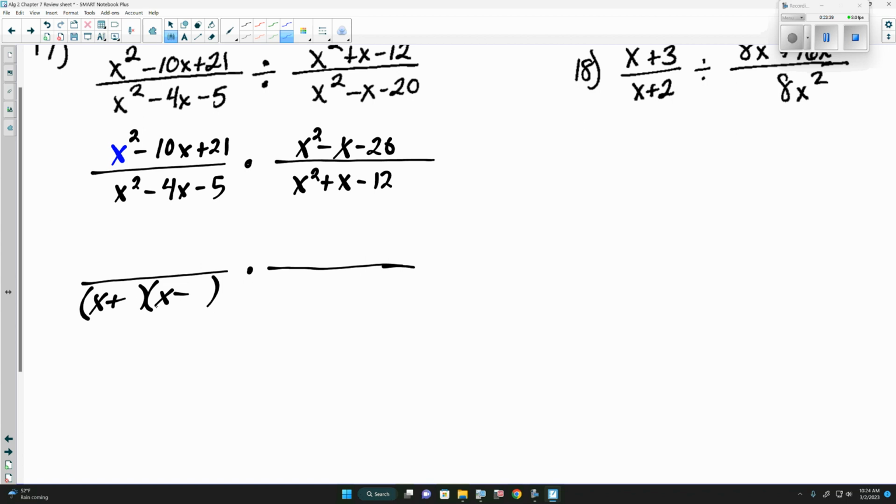Which one's positive, which one's negative? Negative 5, positive 1. Because our middle term is what? Negative, so we want the bigger number to be negative. And part of the reason I chose it first was, well, x squared only has one set of factors. 5 only has one set of factors. So there's a small amount of arrangements for it.